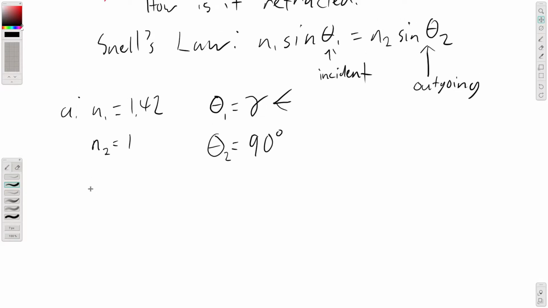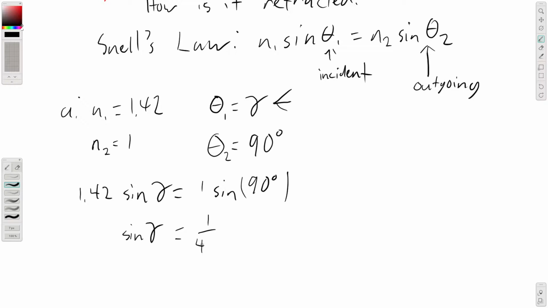Doing just that. 1.42 sine gamma is equal to 1 times sine of 90 degrees, which we know easily, due to our extensive practice with trig, to be just 1. That is our y value when theta is 1.